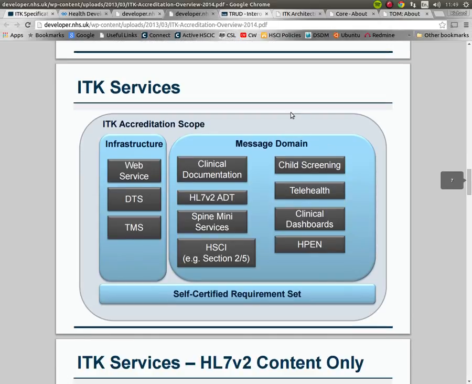In terms of accreditation scope, as I mentioned at the beginning, effectively ITK can be thought of as being broken up into two distinct areas.